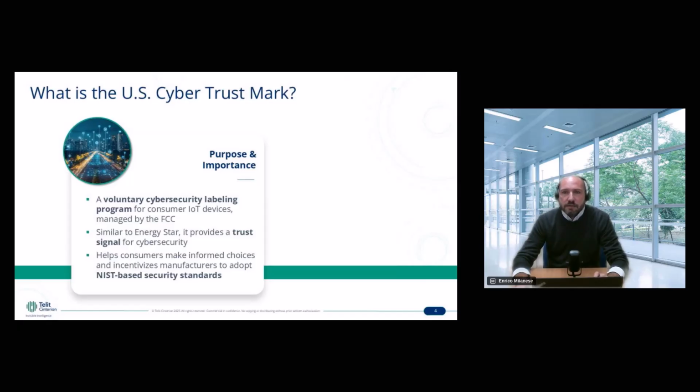More or less, we can see a similarity with how the Energy Star label signals energy efficiency. So devices like smart home appliances, routers, and cameras that meet cybersecurity requirements can display a shield logo and a QR code.